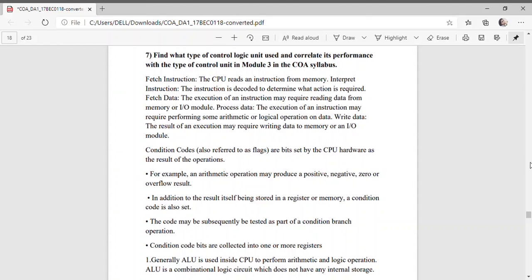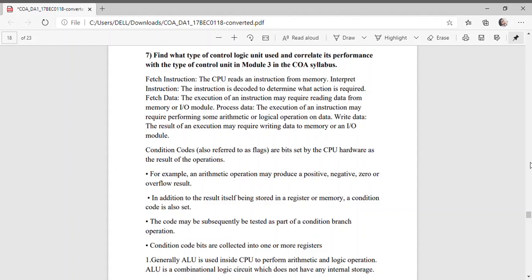So to the next question, find what type of control logic unit is used and correlate its performance with the type of control unit in module 3 in the COA syllabus. So basically there is fetch instruction, interpret instruction, and then there is fetch data, process data, and write data. The CPU reads the instruction from the memory, and in interpret instruction the instruction has to be converted or decoded to the ALU understandable language.